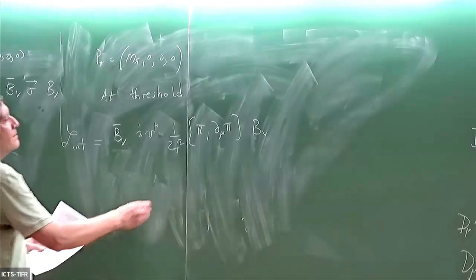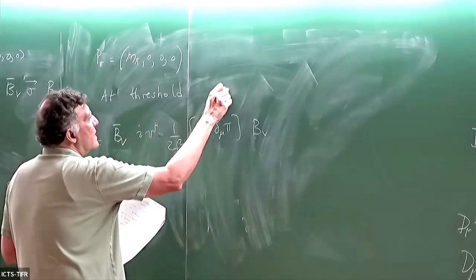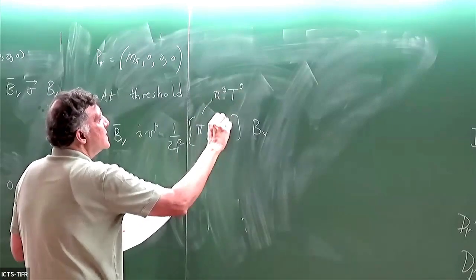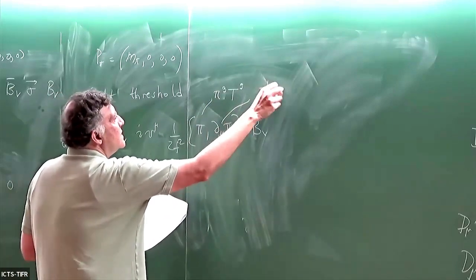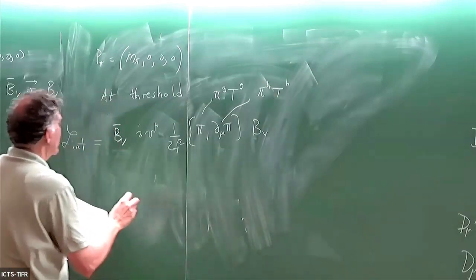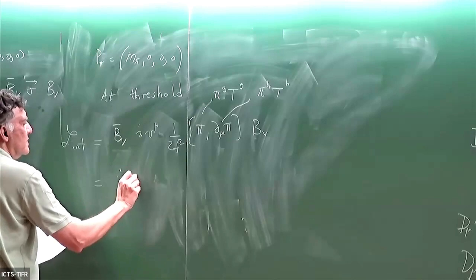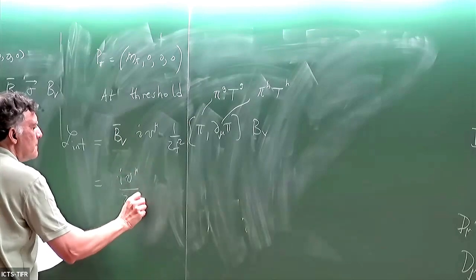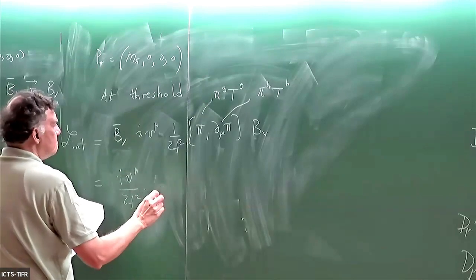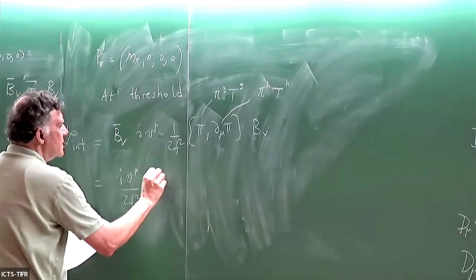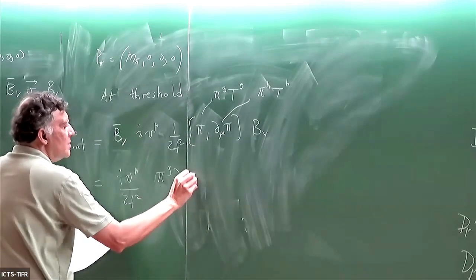And if I write pi, as I call them, pi g tg, and this as pi h th, then I get b bar I v mu over 2f squared pi g d mu pi h.